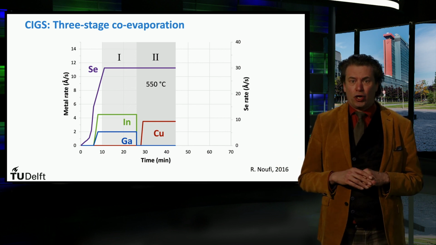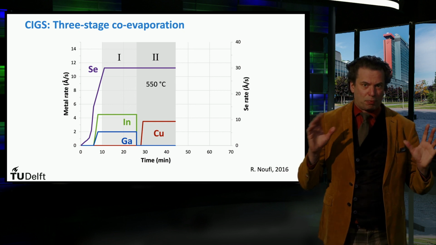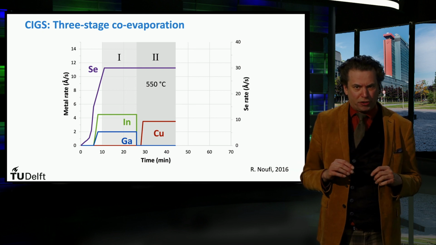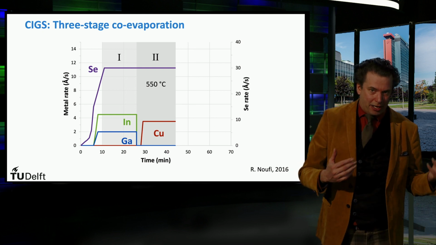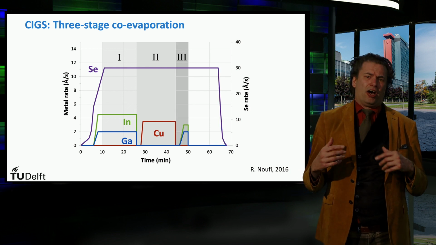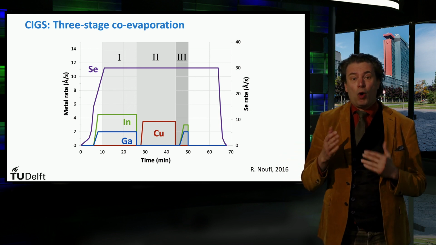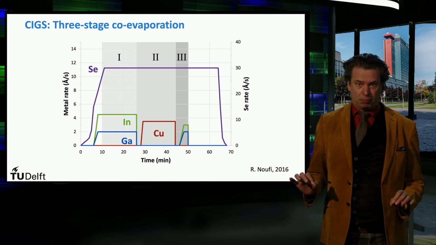The second stage will initiate crystal growth of CIGS as copper will blend into the porous first layer of indium, gallium and selenium. In the third stage, again, a layer of indium and gallium is evaporated in the required ratio while the copper evaporation is stopped.